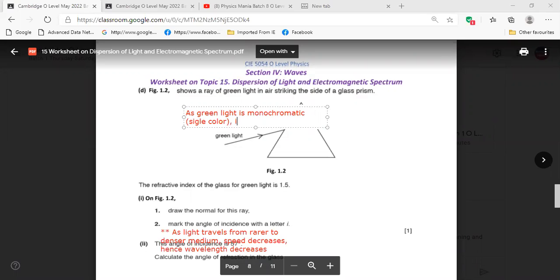It will not split, but will bend according to its wavelength.